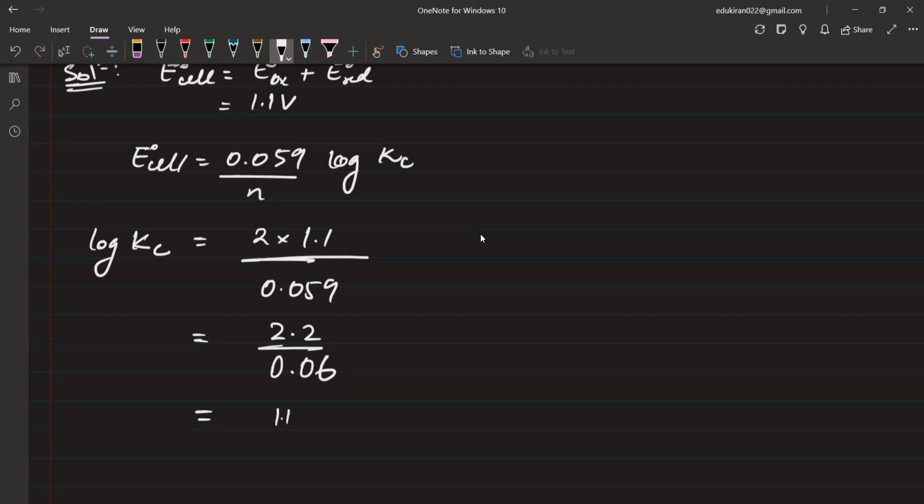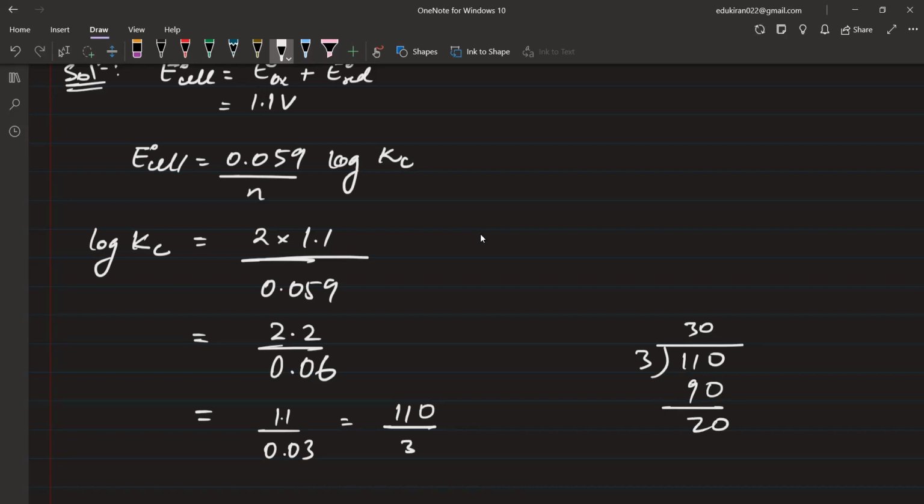ये 1.1 upon 0.03. और इससे आगे क्या होगा? इसको कर लीजिए 110 upon 3. 3 into 3 divided by 110. So 3 3 9, and I think 30 कर देते हैं तो उसको 90 हो जाएगा. बच जाएगा आपके पास कितना यहाँ पे? 20.